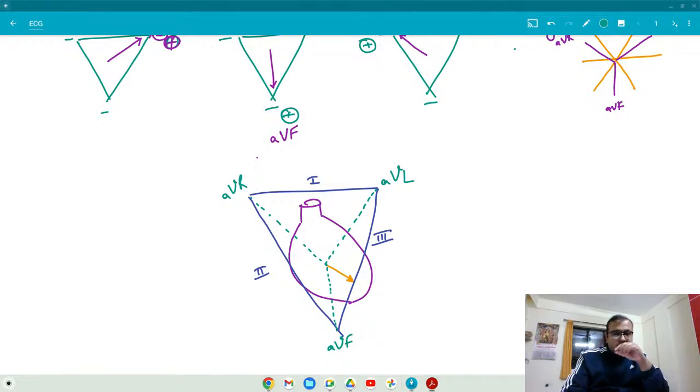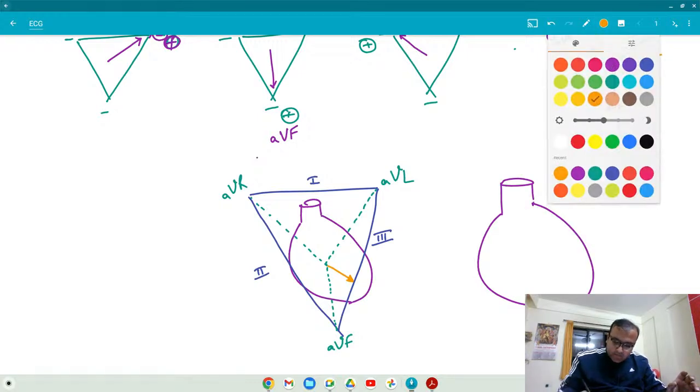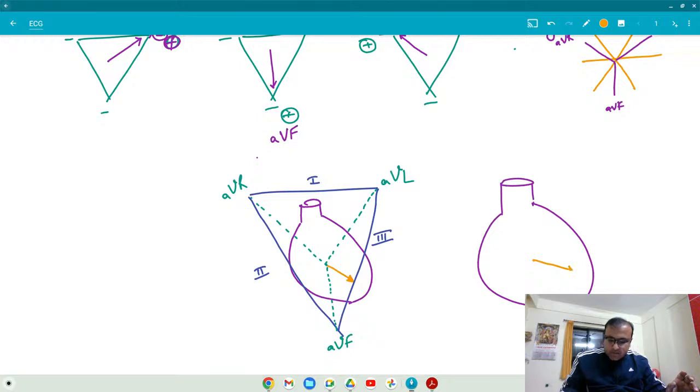Now try to understand this. If I draw this heart once again, let's suppose this is the heart, and suppose the direction is this. Now how will lead 1 observe it? So where was lead 1?